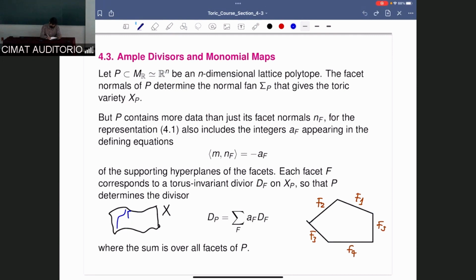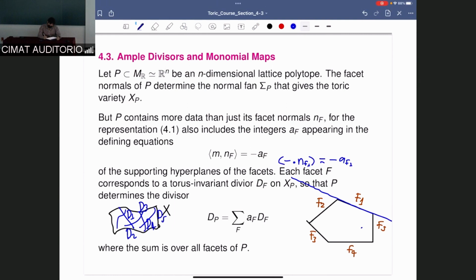I want to just write the divisors. So say D1, D2, this is just a cartoon, D3, D4, D5, and then each of these comes with some number attached. This, say for example, is the points that have dot product with NF equal to minus AF. Say dot product with NF1 equal to this number.